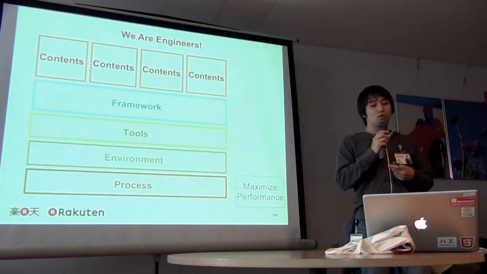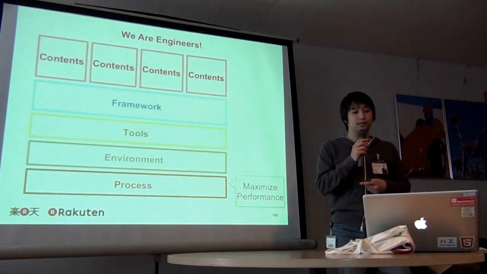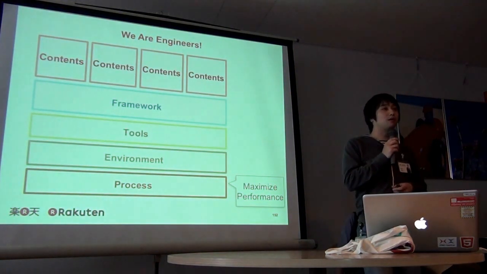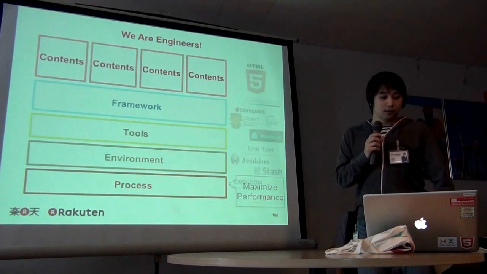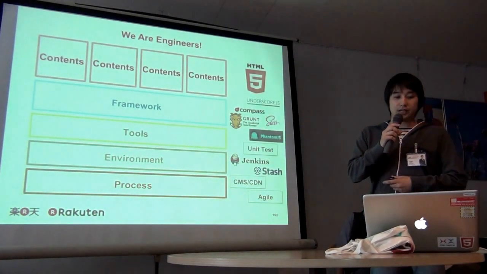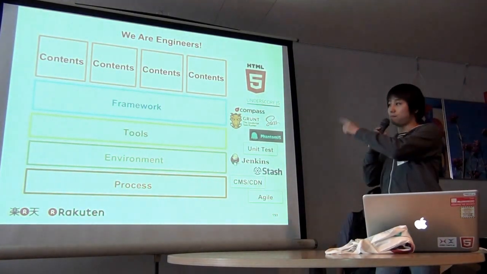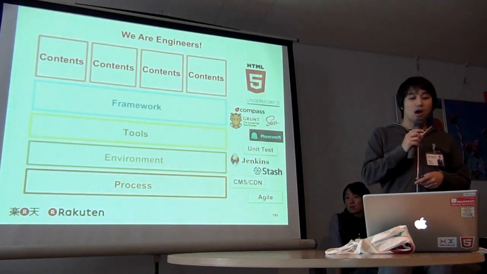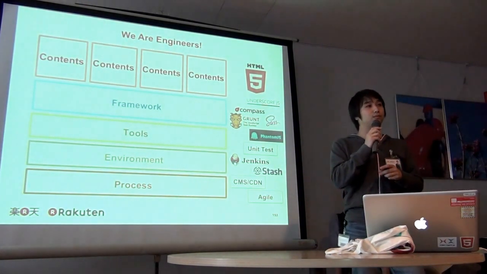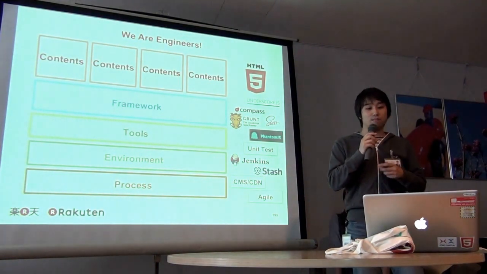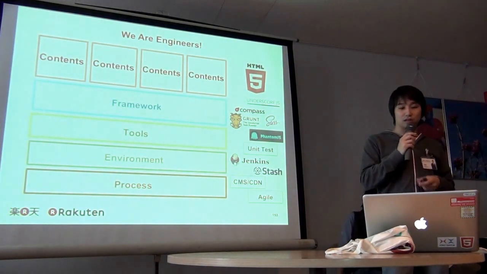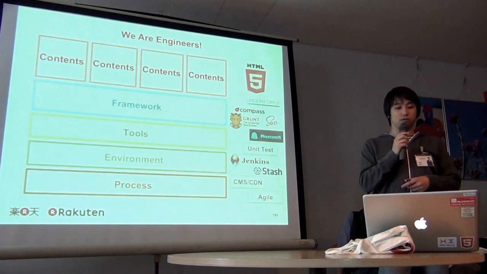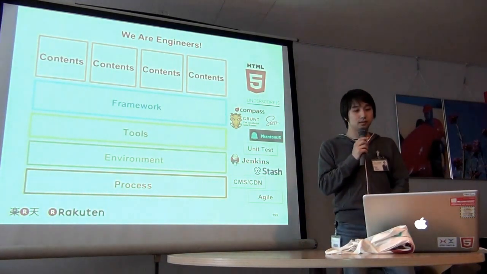And we should also consider our development processes to maximize our performance. As you can see, we should cover various areas, and there are so many technologies to use. We will try to develop a front-end engineering environment to improve our productivity. This is also a big challenge for us.